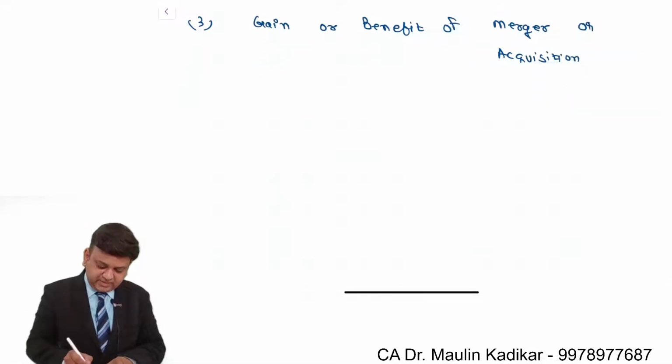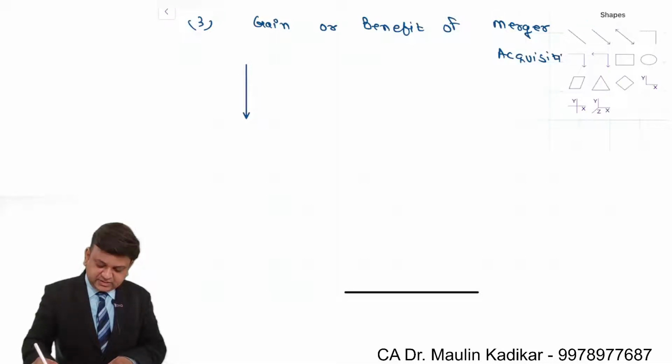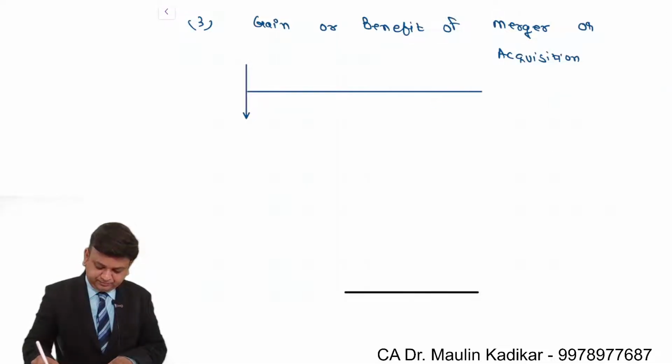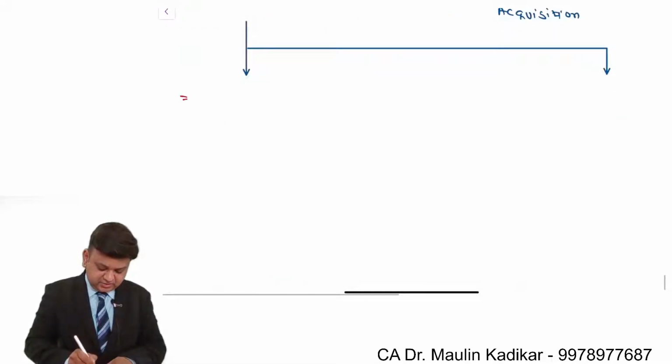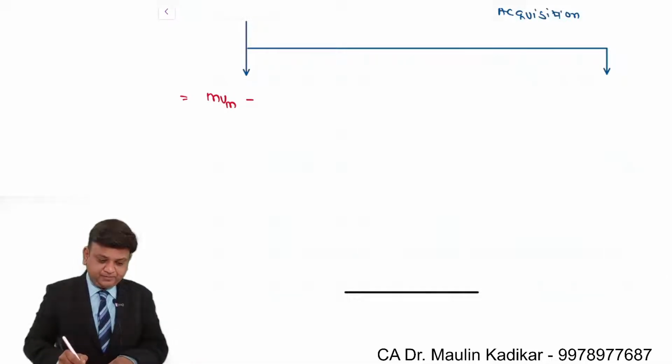Again, dear students, it can be calculated by two methods. So any one of the methods that you may adopt in examination. The first method is market value of the merged firm minus market value of Long plus market value of Tall.